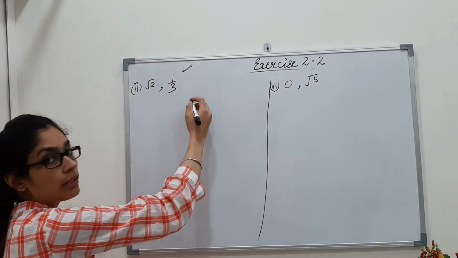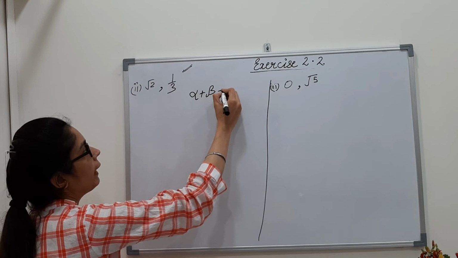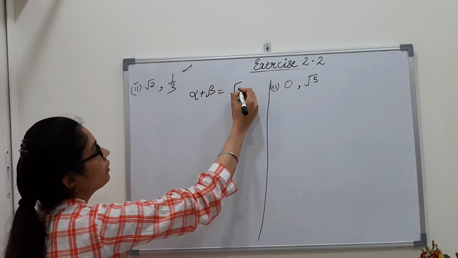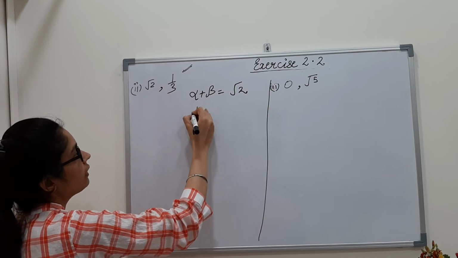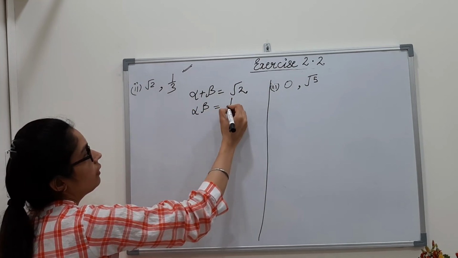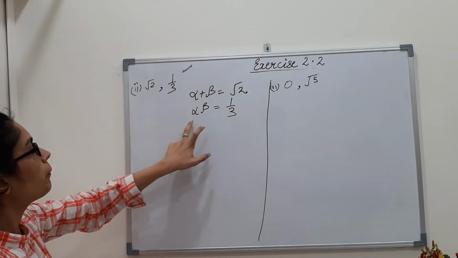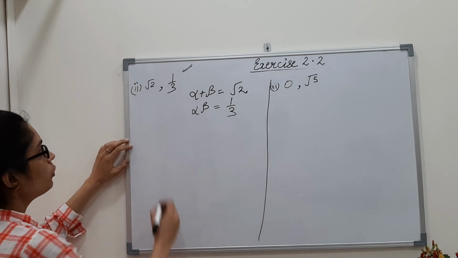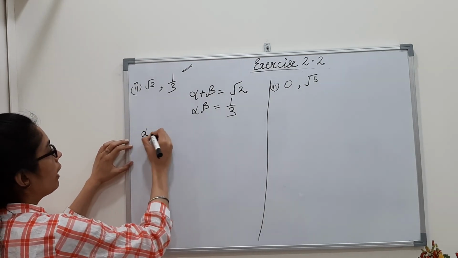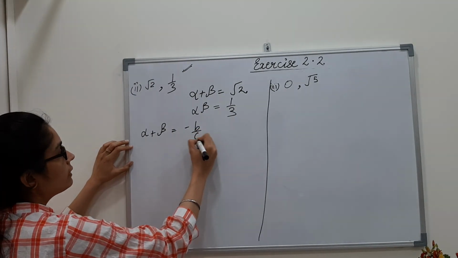Here you have been given sum and product of zeros, not zeros. So sum they have given and product they have given. That is alpha plus beta they have given root 2 and product alpha into beta 1 by 3. So we know alpha plus beta is equal to minus b by a.